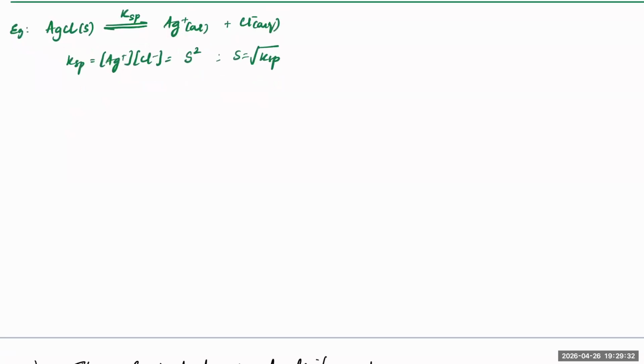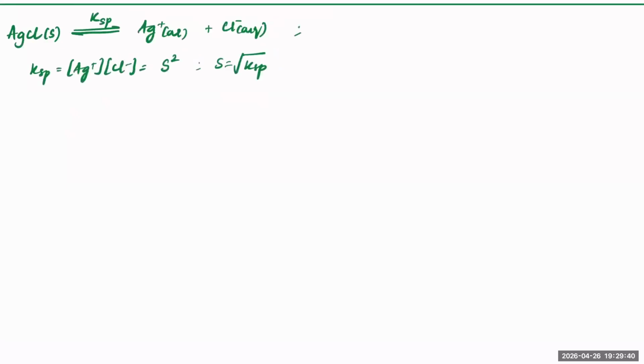Now notice this carefully. The AgCl solid is going to get dissolved first, as AgCl aqueous, and a small amount of dissolution will happen. It is this dissolved form of AgCl which will ionize completely into Ag plus and Cl minus aqueous.